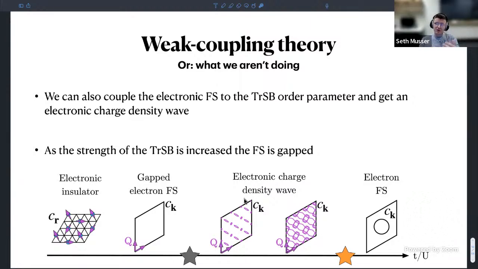As we continue to increase the strength of the translational symmetry breaking order parameter, we will eventually gap out this electron Fermi surface. So then we'll start to get a charge gap. So what you can see here is that these things are not at the same point, right? The charge density wave order parameter is not growing from the same critical point that the gap is growing.